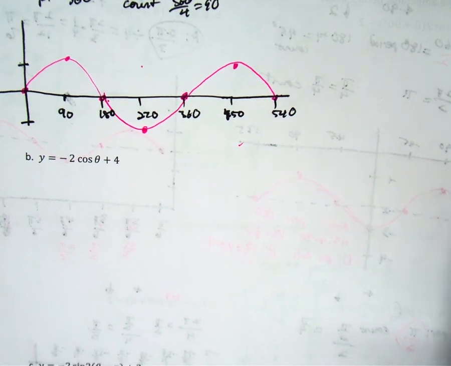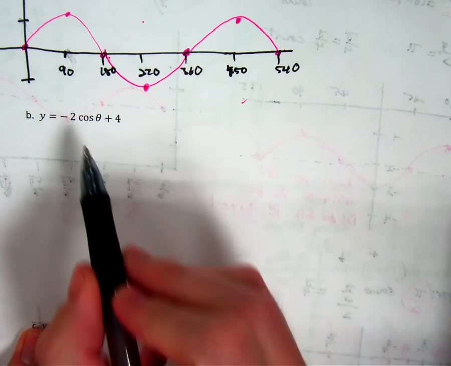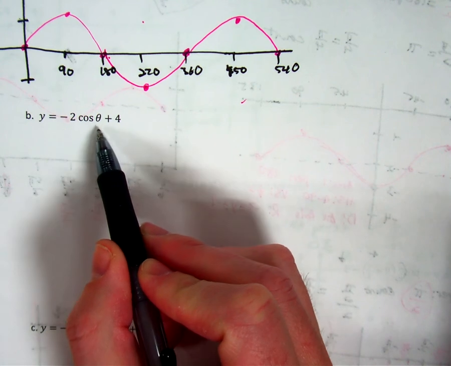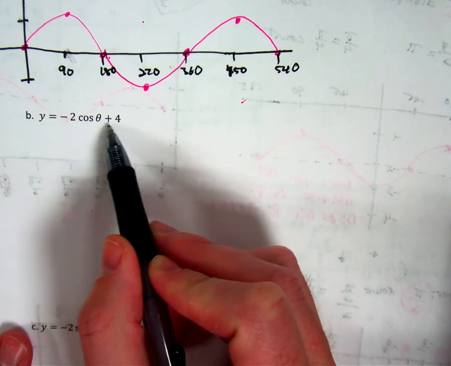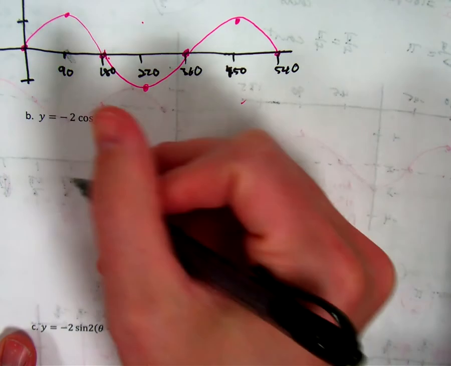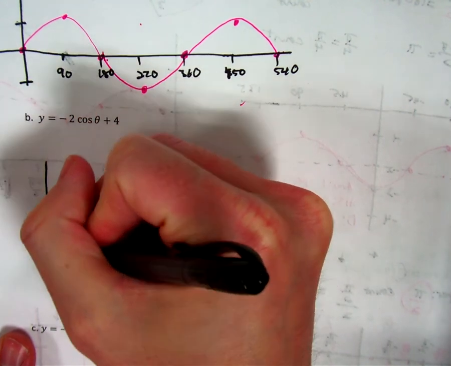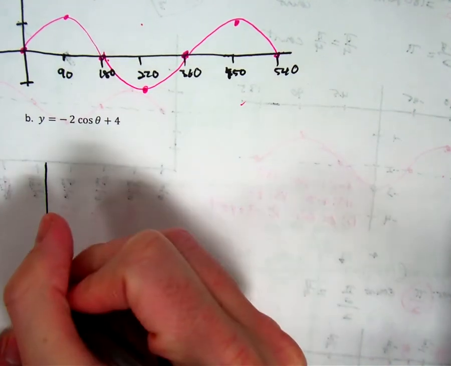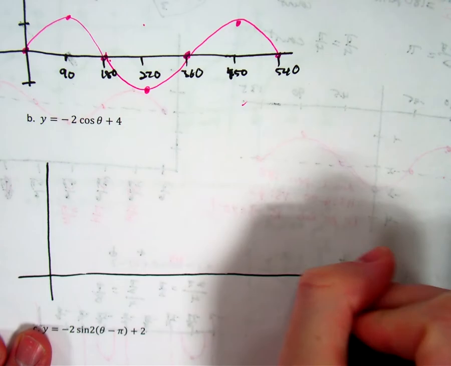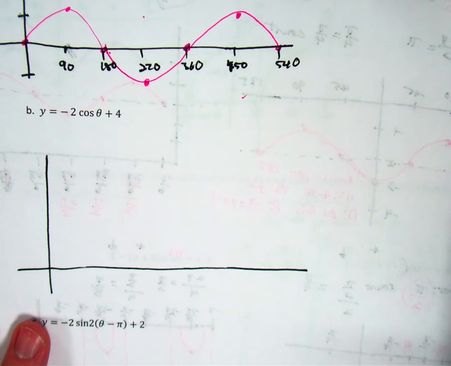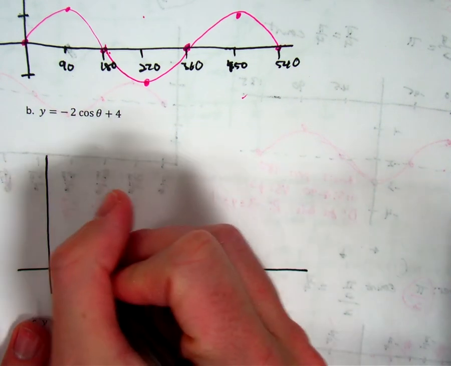Okay, let's see how we do this one. So we have this negative 2. Again, no period adjuster. There's no left and right shifting either, but we are up 4. So basically, it's going to be all quadrant 1. Ooh, that's a pretty good one. Okay.